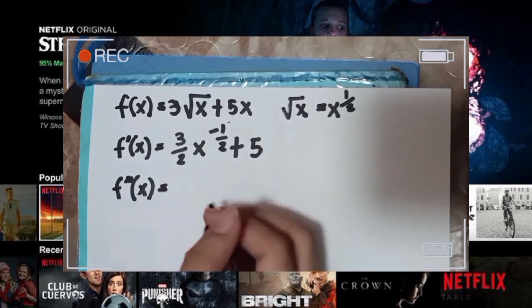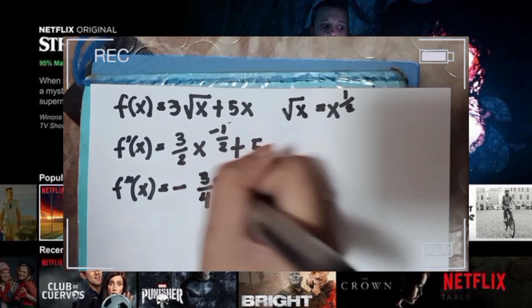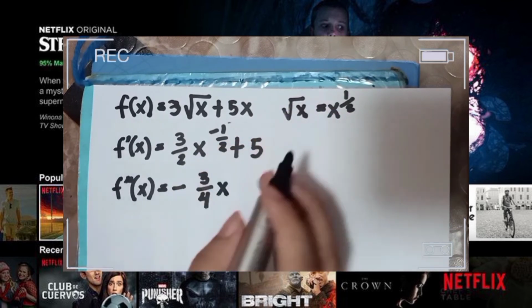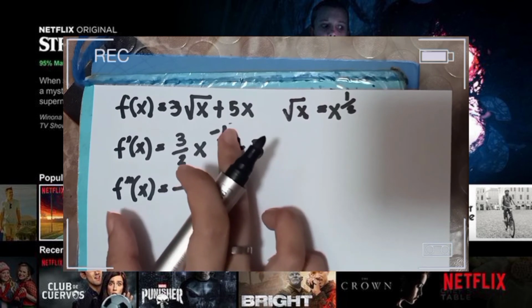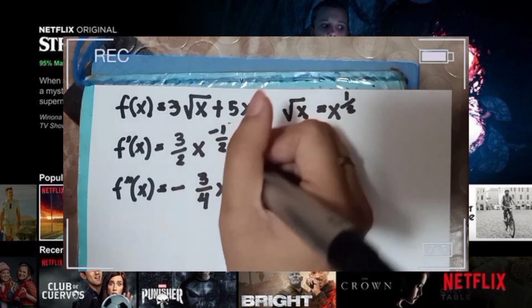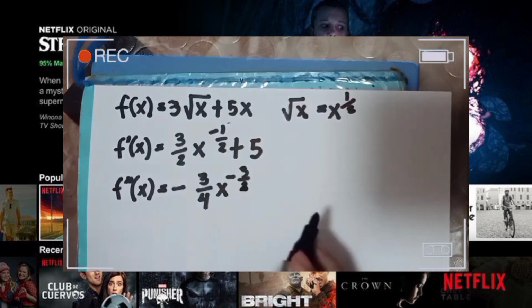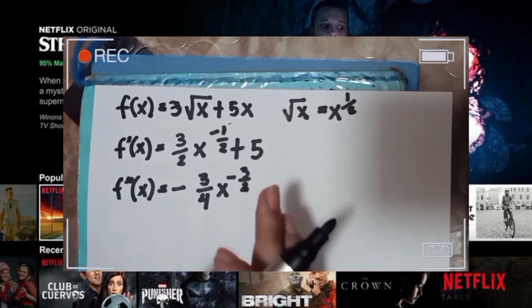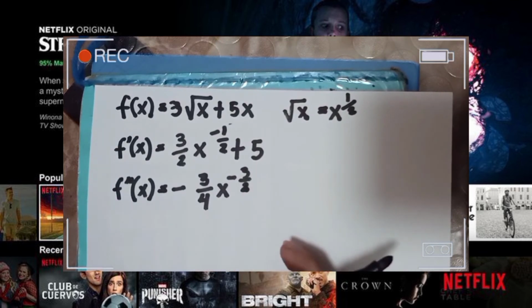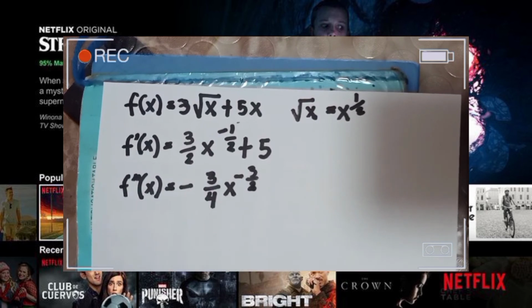I get negative 3/4 x, and this power will be reduced again, so I have negative 3/2. And the derivative of a constant is now gone, so that is just 0. So that is our second derivative.